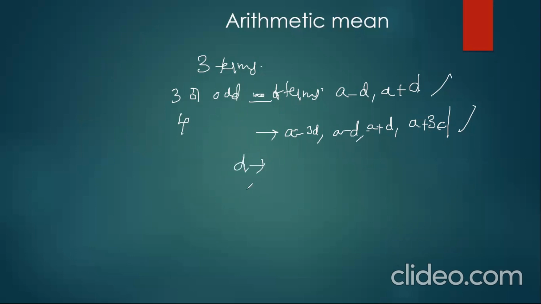The nth term Tn is equal to a plus (n minus 1) into d. And the sum of the first n terms is equal to n by 2 into (2a plus (n minus 1) into d). If you simplify that, you get n by 2 into (a plus l). Okay? Like this we can write.